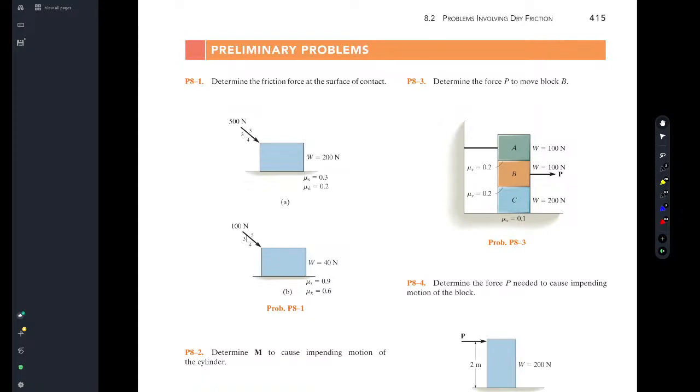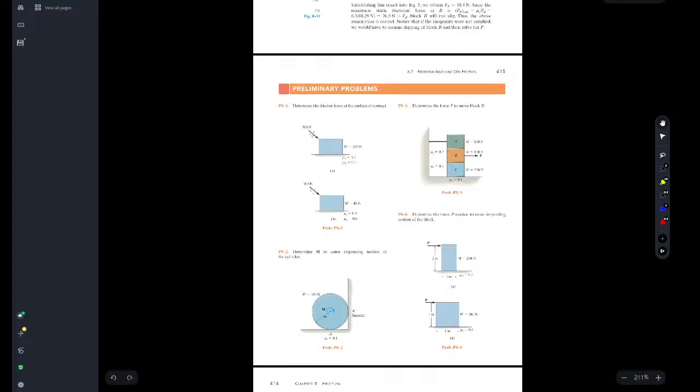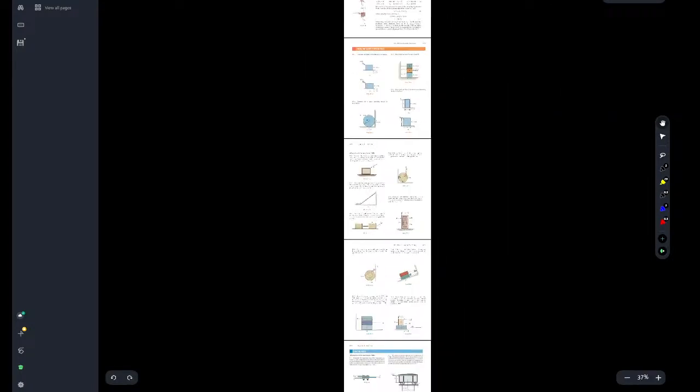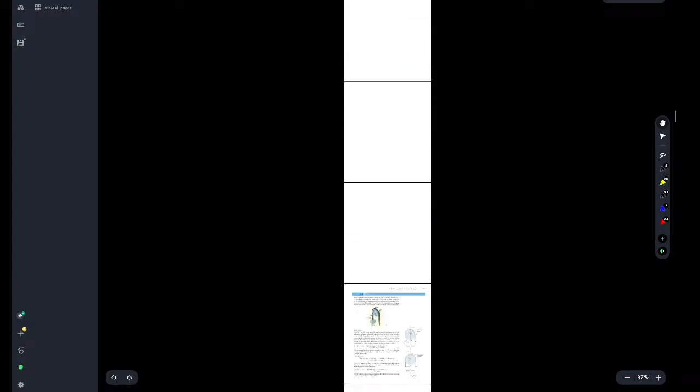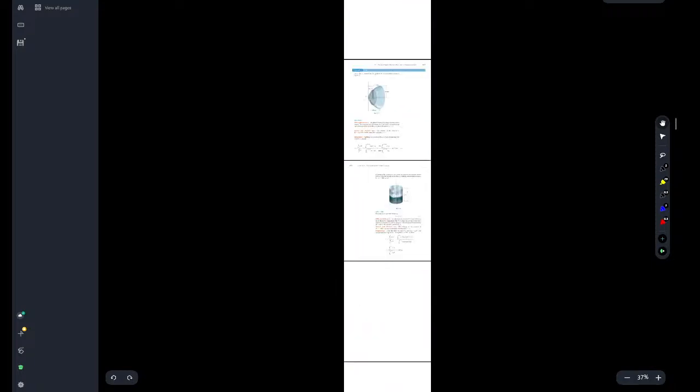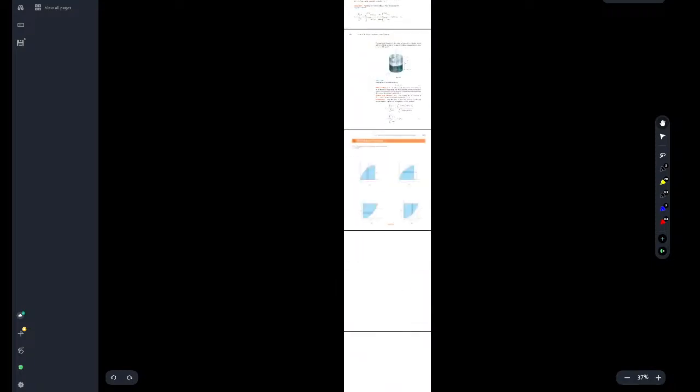Tell you what, let's do this. This may be both statics and dynamics book together. Let's try this. Last time I tried that, it didn't work very well.